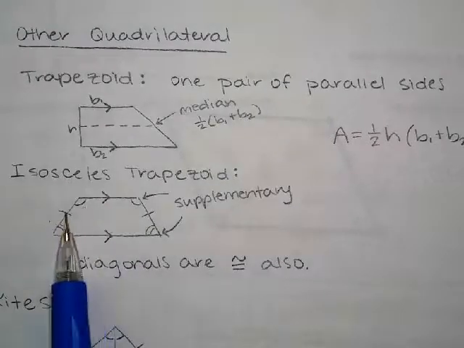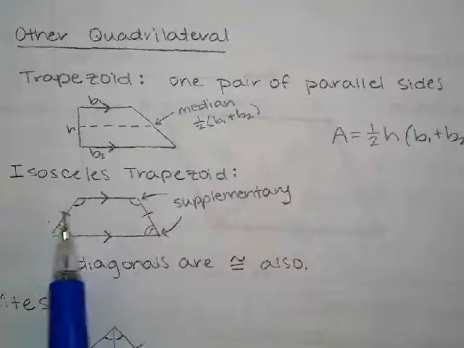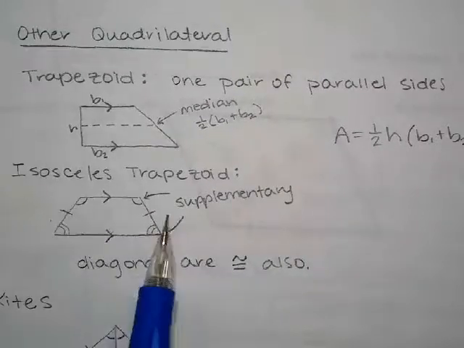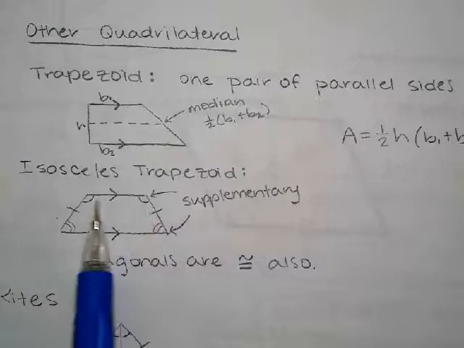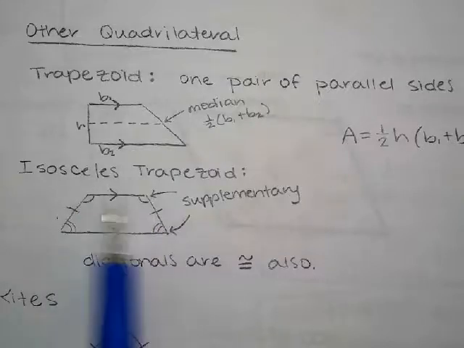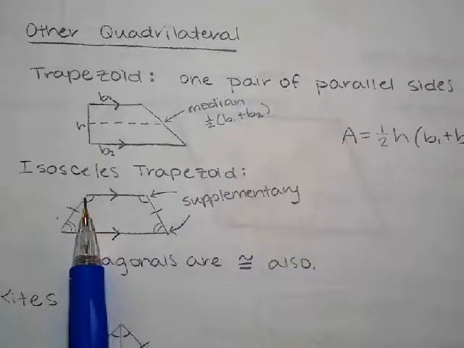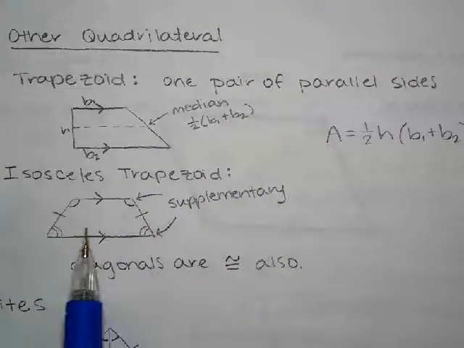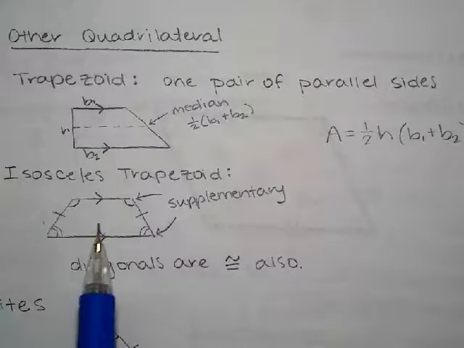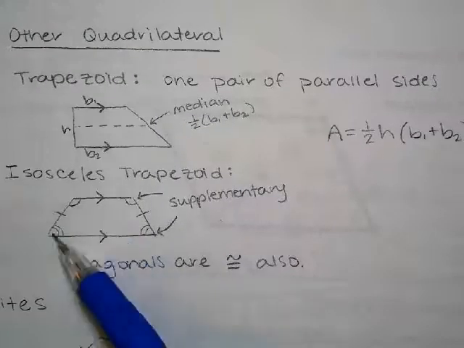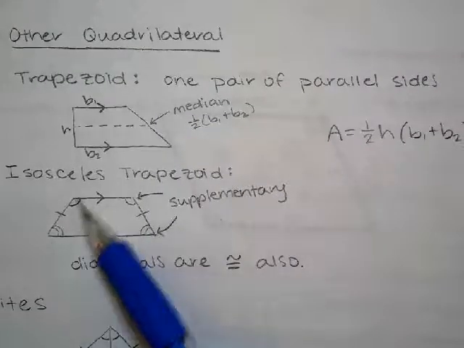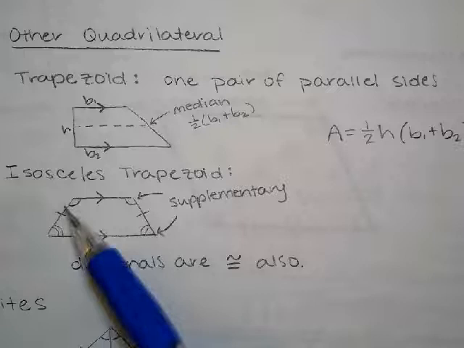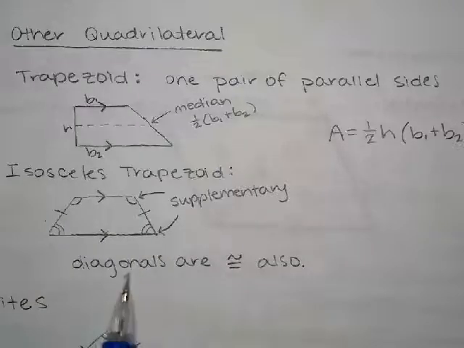Since the two sides are the same length, these two angles on top are the same angle measurement. These two angles on the bottom are also the same angle measurement, but they would be different than the top. The top and the bottom together are supplementary. They add to 180. And then also, I didn't draw it in the picture, but the diagonals are congruent. The diagonals would be the same.